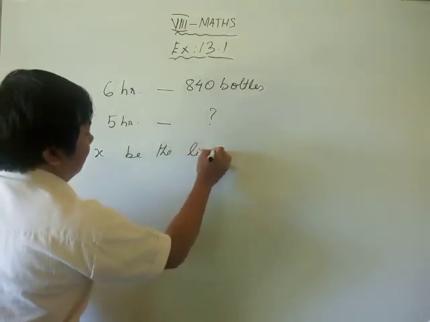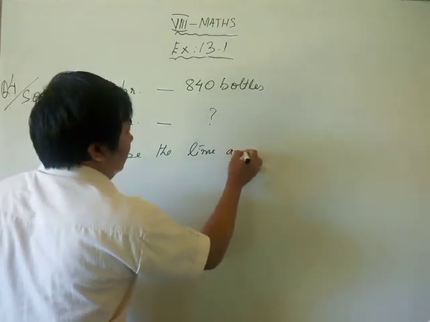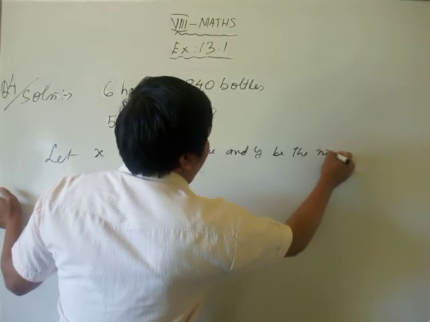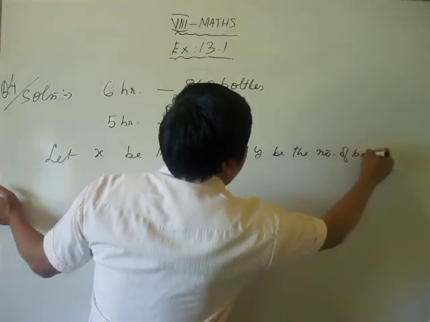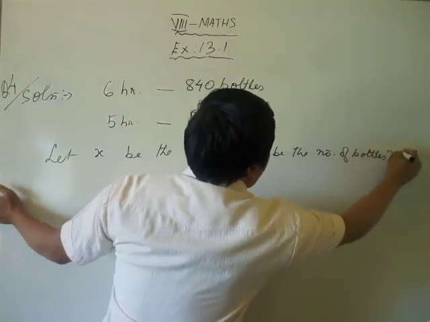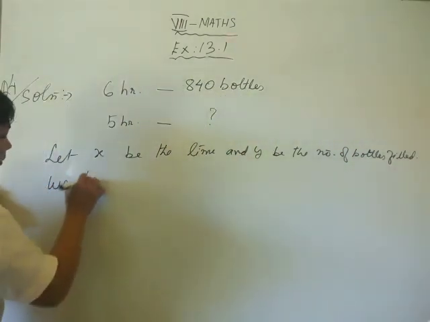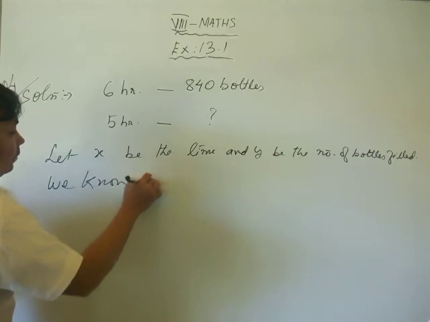So let x be the time and y be the number of bottles filled. Then what do we know?